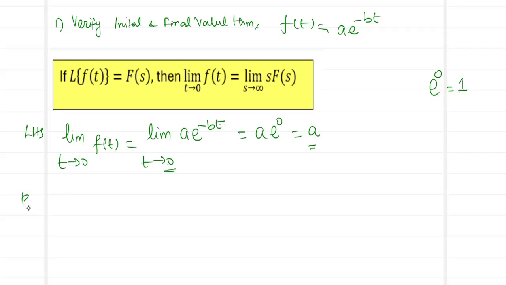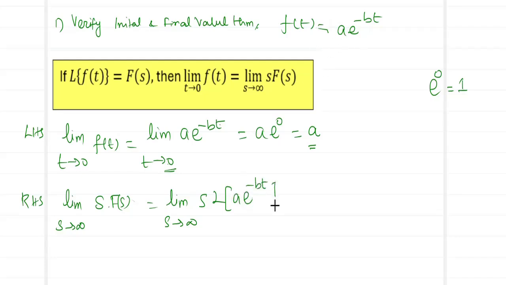Now let us verify the right hand side. It is limit s tending to infinity of s into F of s. What is our F of s? It is the Laplace of our function, a e power minus bt.